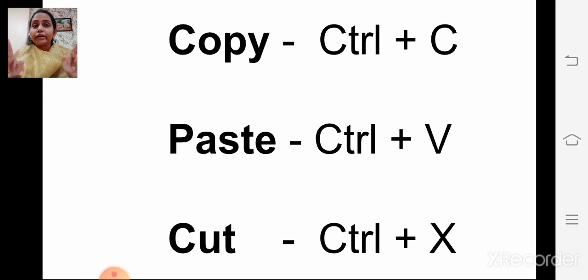It will cut the text. Remove it, and then you can paste it at another, new place. Cut paste we have seen already, copy paste also. These are the shortcut keys to do cut, copy and paste.